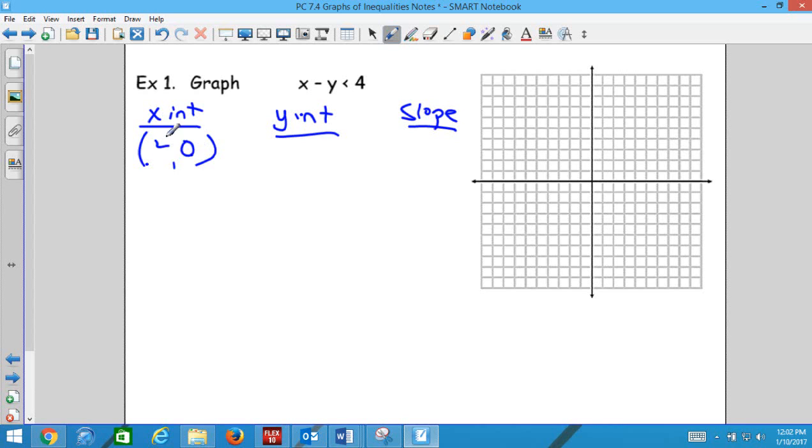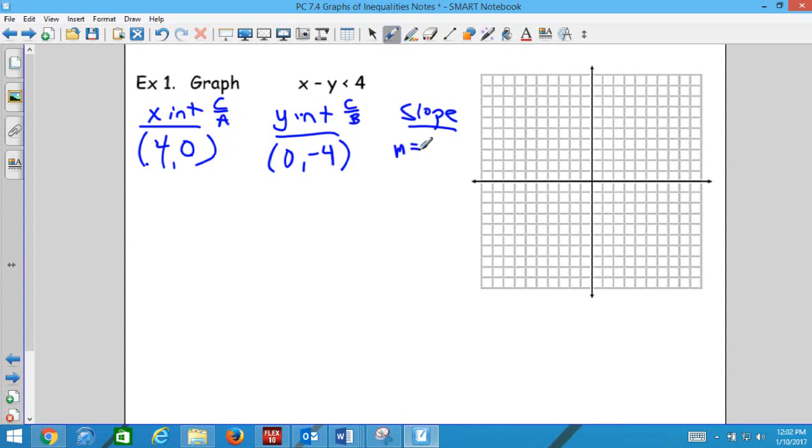It would be 4. Make y 0, x is 4. And for the y-intercept, I make x 0, then what's y? Negative 4. And you can also think about the x-intercept being c over a. Y-intercept is c over b.